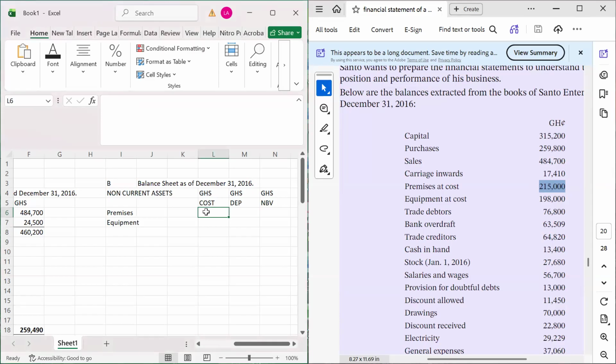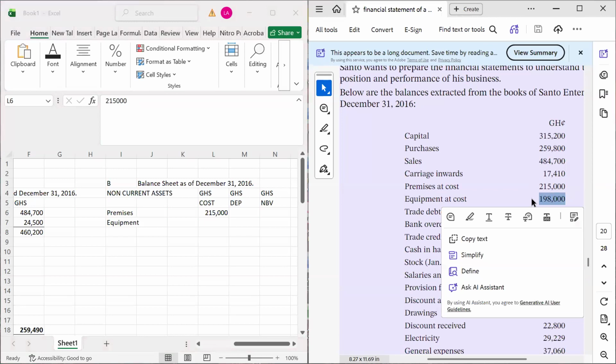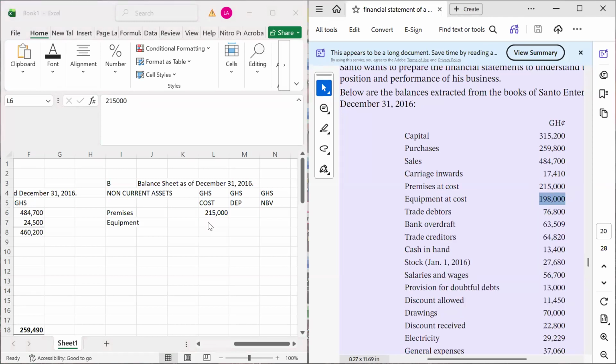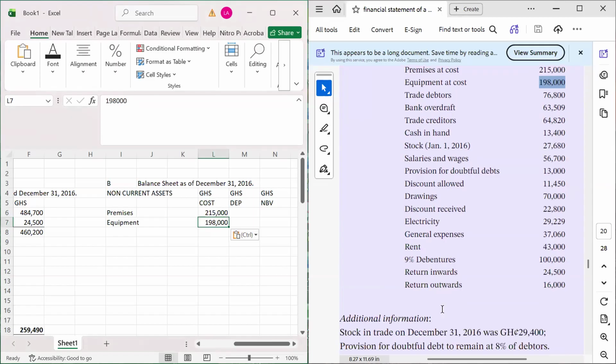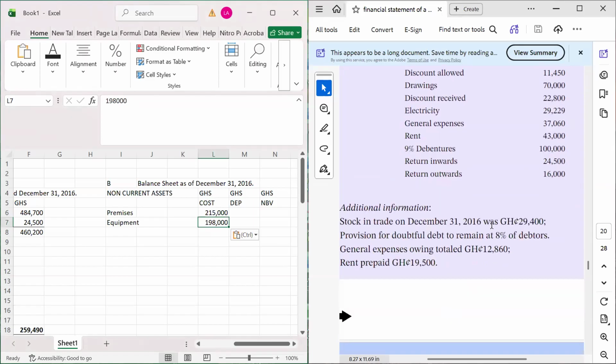Yes, sir. Okay. Then the cost of the equipment is this one. Now, to see whether there is some fixed asset again. There is no fixed asset. Then come here and see whether they have bought some fixed asset that we need to add. They haven't bought any fixed asset.